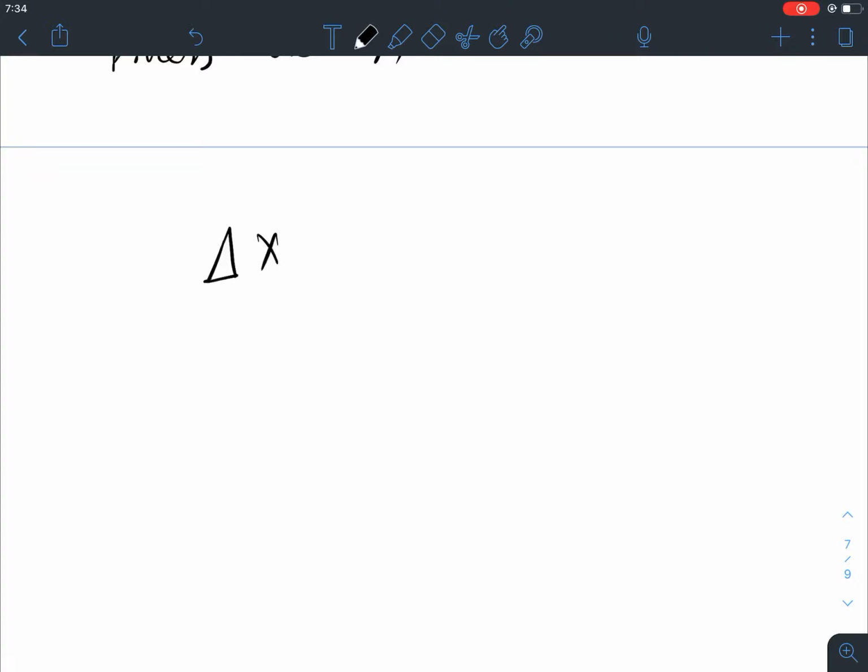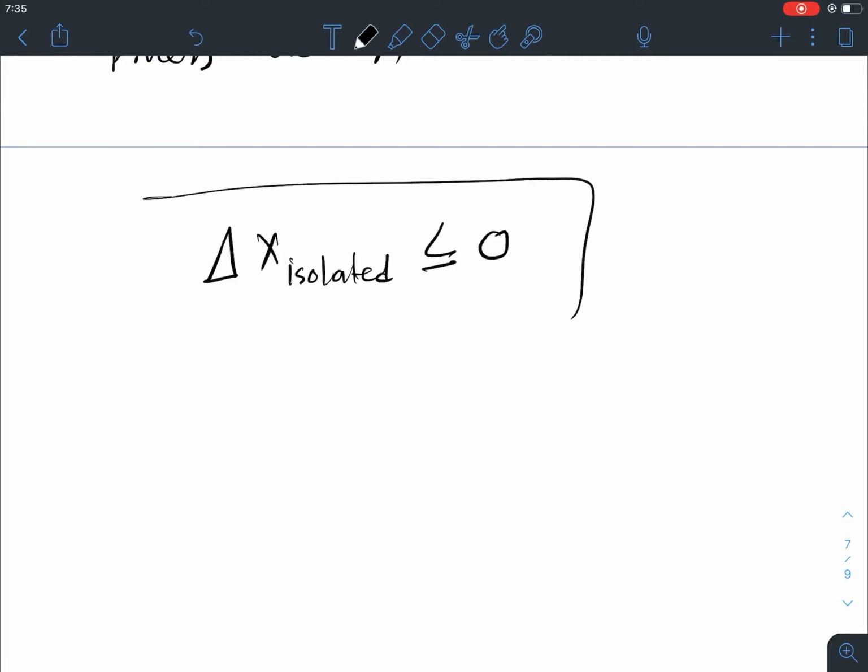So basically the exergy change of an isolated system is either equal to 0 or less than 0, right?